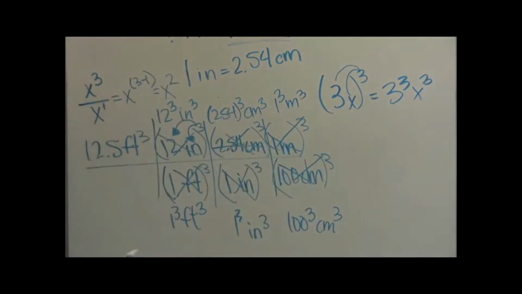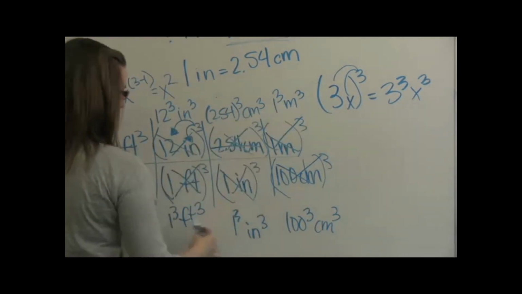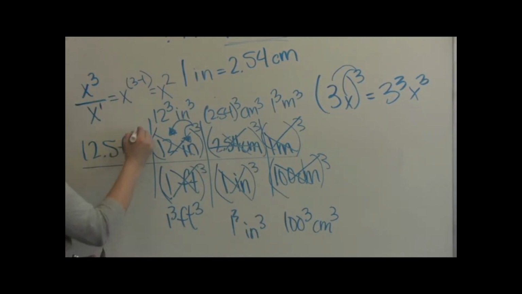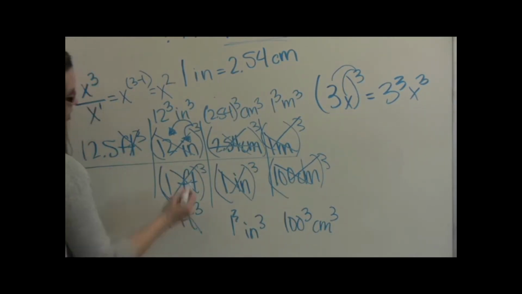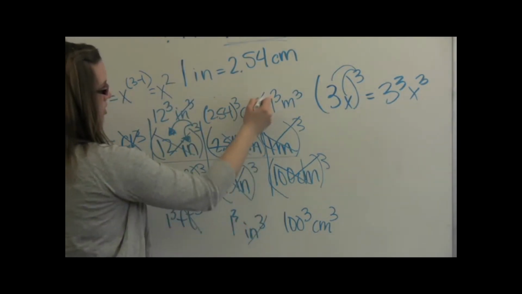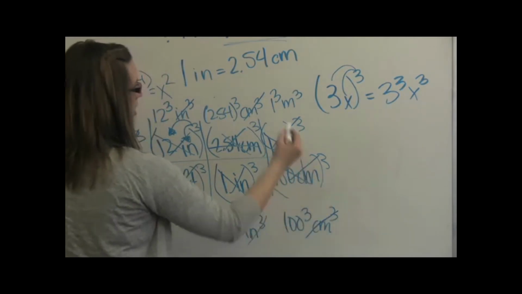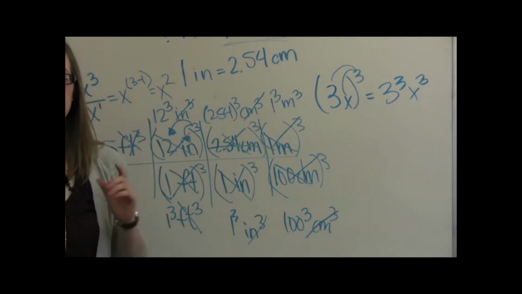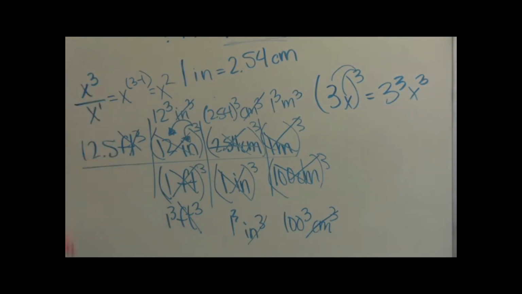Now if we go through using our new values, we can cross out our units: feet cubed and feet cubed, inches cubed and inches cubed, centimeters cubed and centimeters cubed, leaving us with our meters cubed. When we do our computation, we have to make sure that we cube this 12, that we multiply the 12 by itself 3 different times and then multiply that by this 12.5.